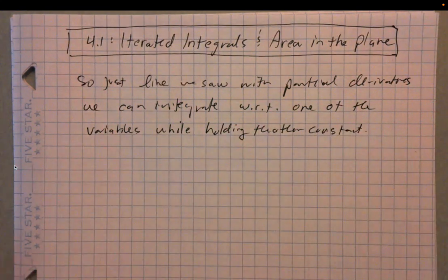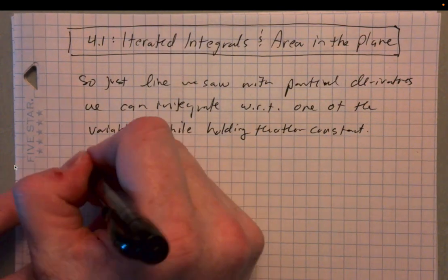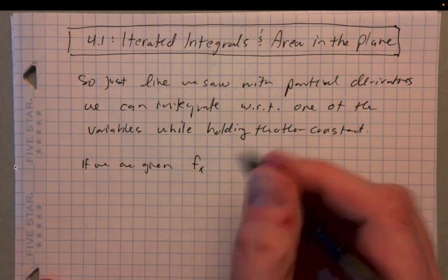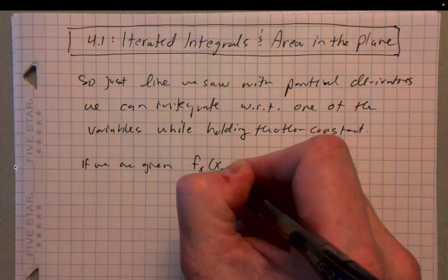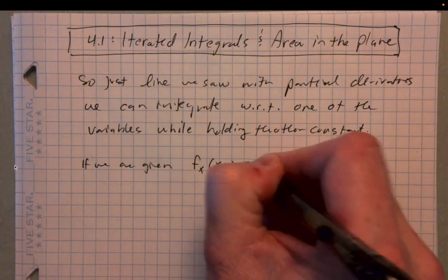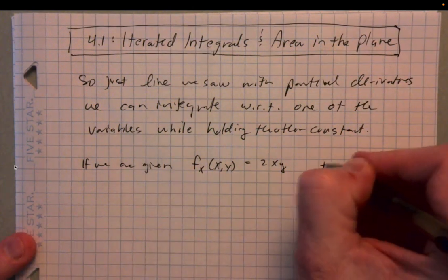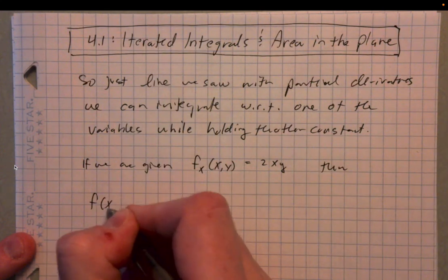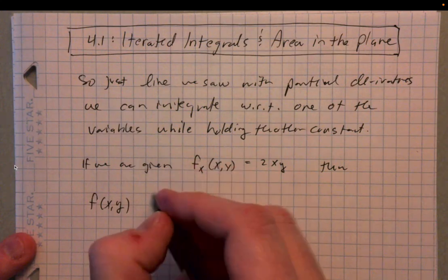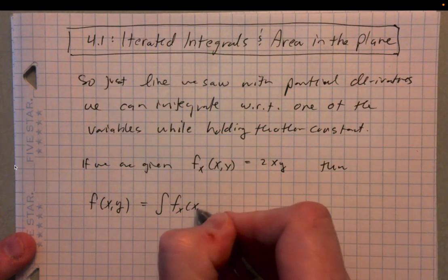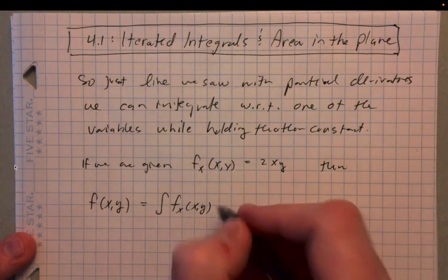If we're given a partial derivative, f sub x of x, y, equal to a simple one, 2xy, the partial derivative of some function f differentiated with respect to x, then the full function f of x, y is going to be equal to the integral of the partial derivative integrated with respect to x.